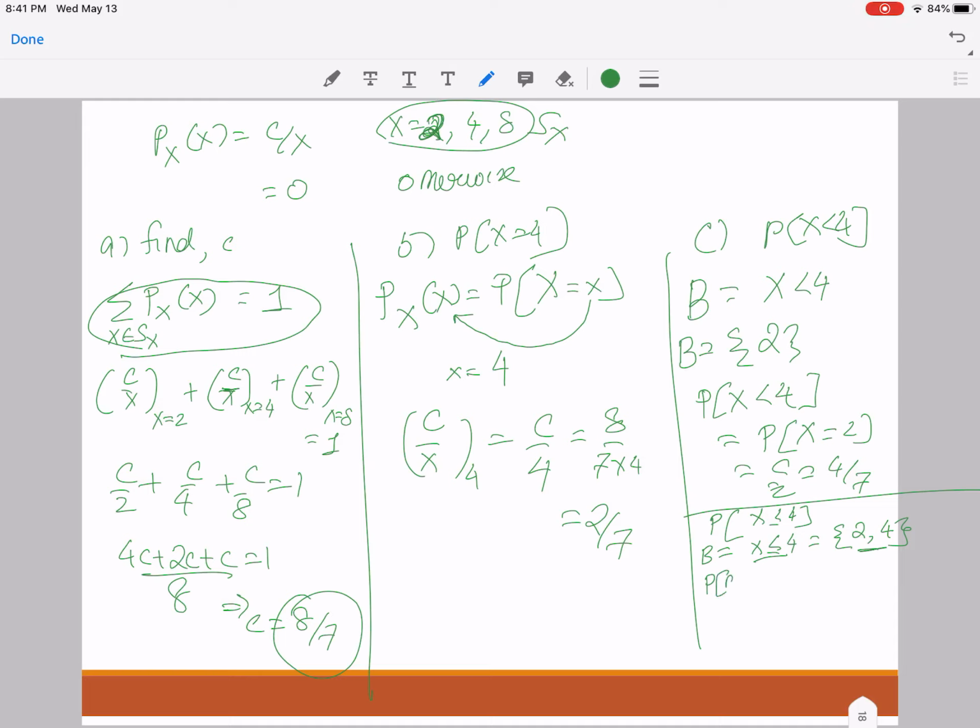So to find the probability of event B, I'm going to add the PMF values for those values of X that belong to B. So I add the PMF value at 2 plus the PMF value at 4, giving me C over 2 plus C over 4, which is 3C over 4, which gives me, if I plug in 8 over 7, 6 over 7. So that's the probability of X less than or equal to 4.